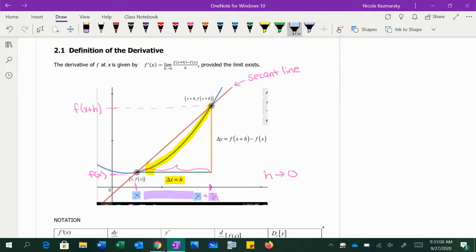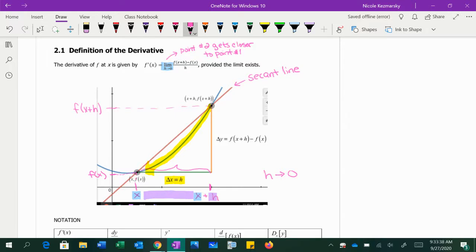So this limit, as h approaches 0, is another way of saying point number 2 gets closer to point number 1. Okay, and that's just a calculus way of saying, let's move something. We had 2 fixed points, now let's take that second point and move it.